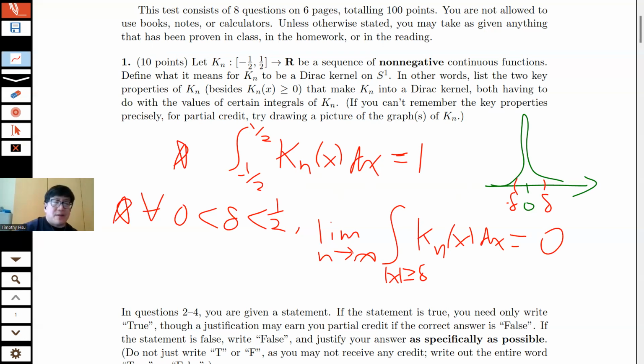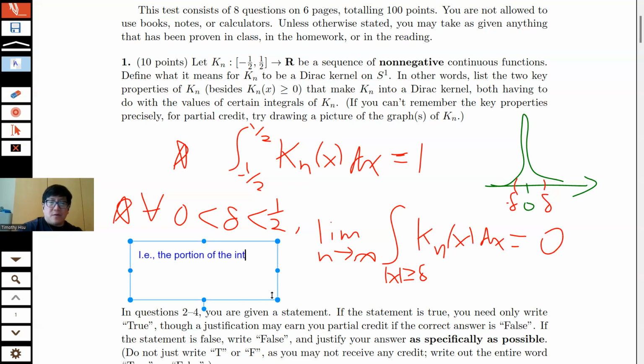So again, that's just saying that the portion of the integral outside a delta neighborhood of 0 goes to 0 as n goes to infinity.